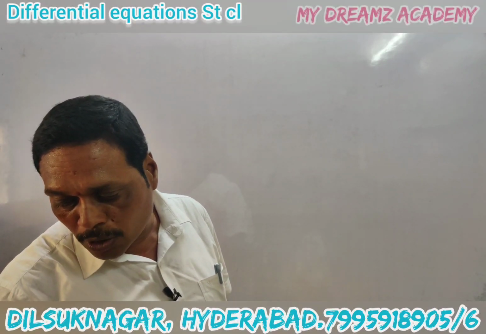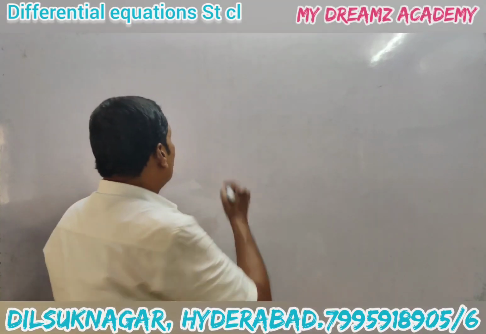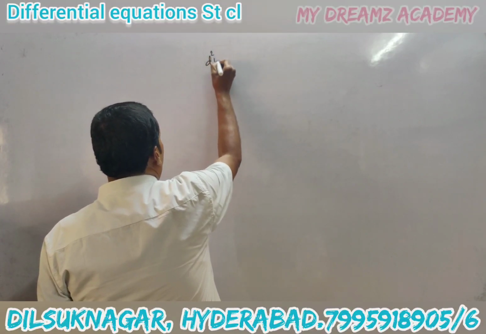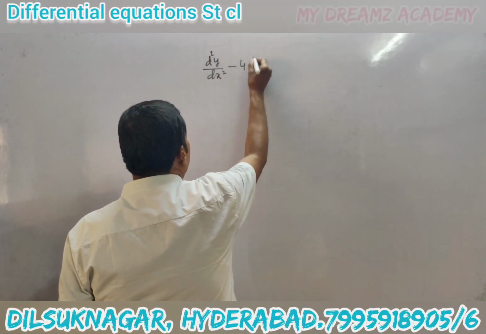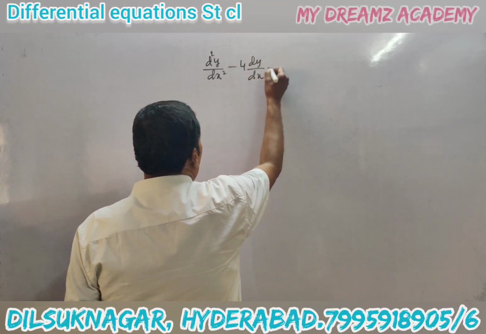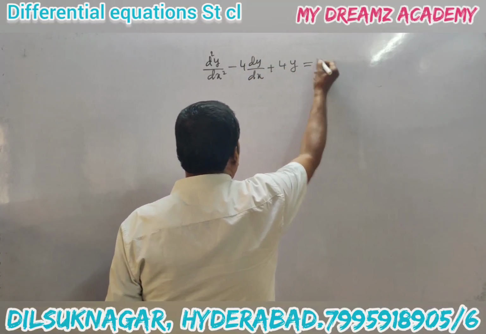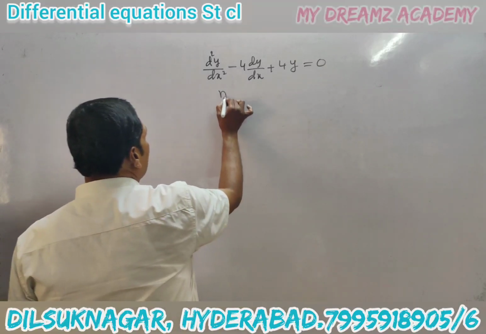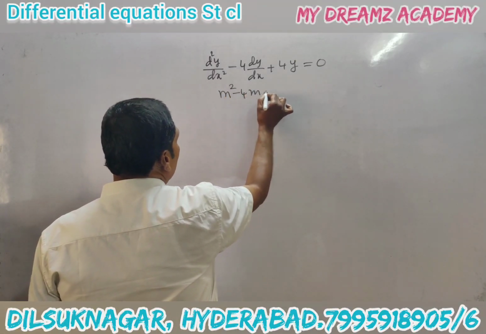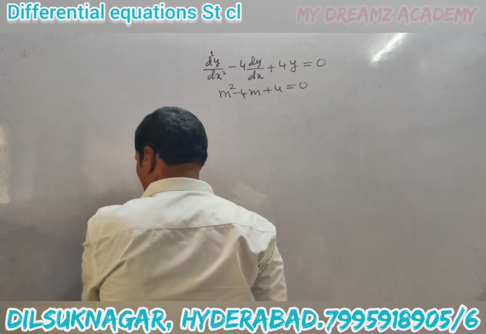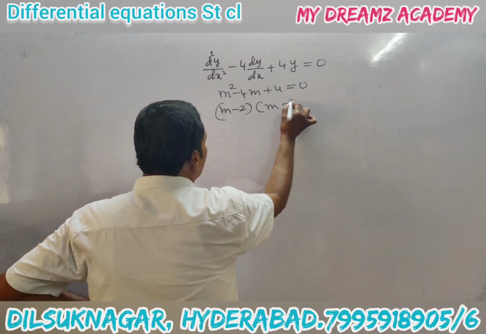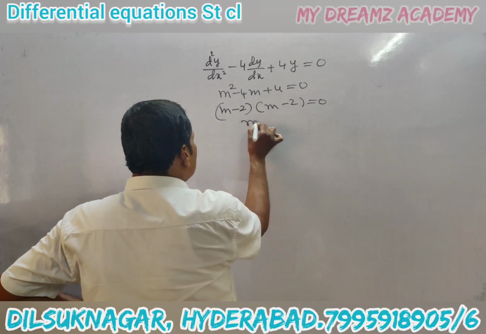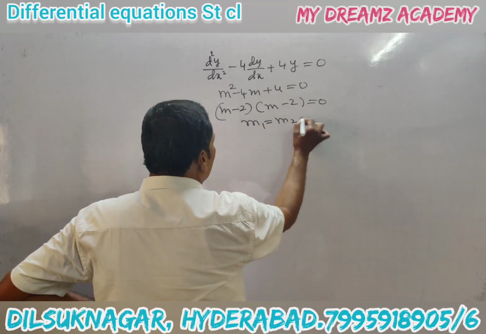See one more. d square y by dx square minus 4 dy by dx plus 4y is equal to 0. Auxiliary equation: m square minus 4m plus 4 is equal to 0. What are the factors? (m minus 2) into (m minus 2). m1 is equal to m2 is equal to 2.